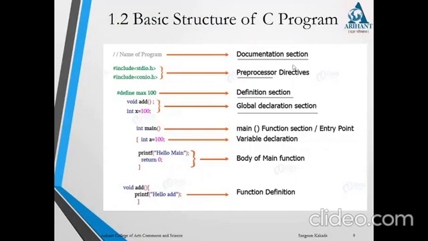Next, there is a global declaration section. Here we have declared one method, that is add. This is just a declaration, this is how we declare the method, and we have provided the definition in the next part, the function definition section. We have also declared the global variable x, which is of type integer, and we have assigned the value 100 to x.